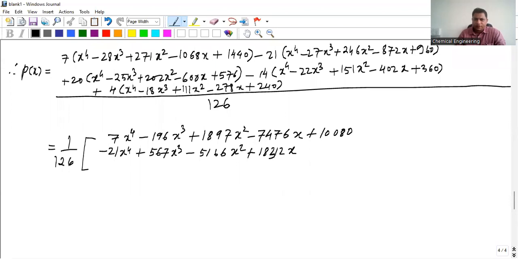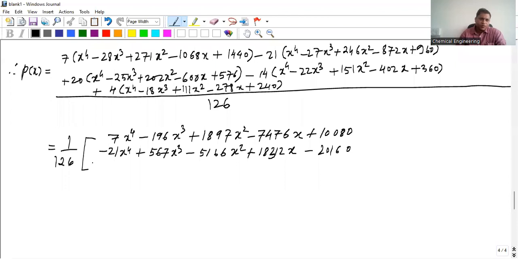So minus, what will this figure be? 20160.